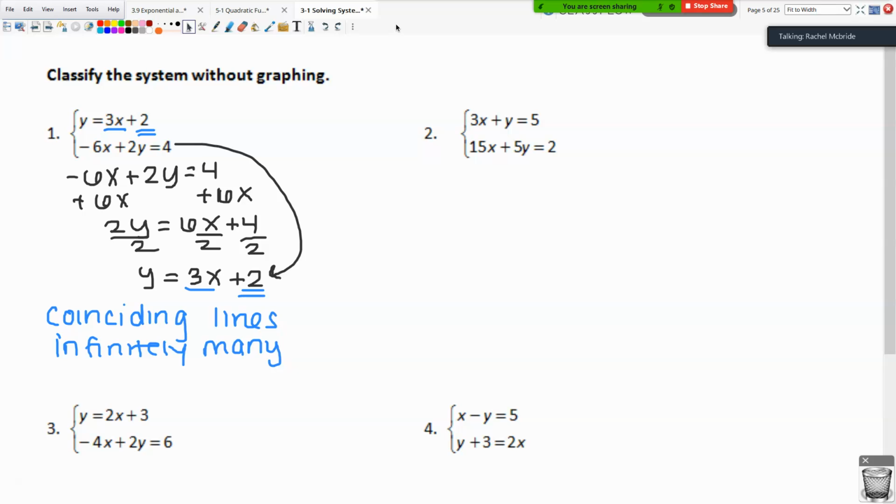And we classify that as a dependent system. So in order to classify a system without graphing, you need 3 answers. You've got to describe the lines, describe the solutions, and tell me what type of system it is.